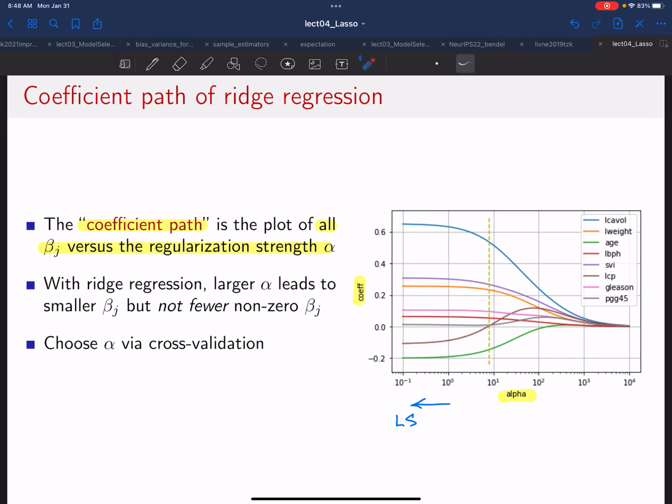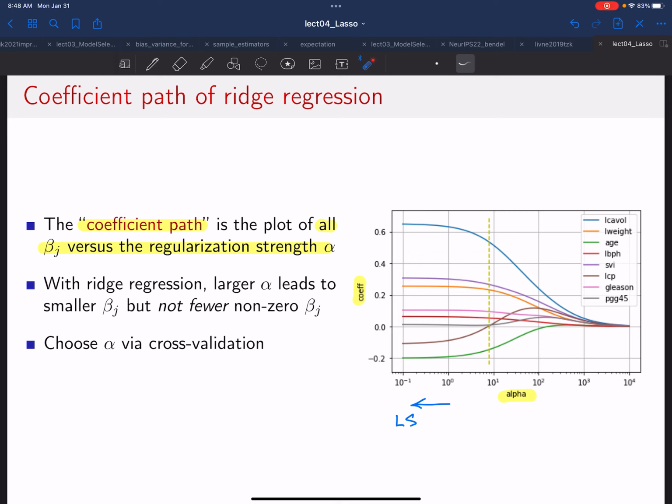But again, you see in this picture, you don't see any of the coefficients going exactly to 0 until you get to alpha equals infinity, so it's not doing feature selection. Okay, so I think that's it for ridge regression. Are there any questions? Ridge, all right.